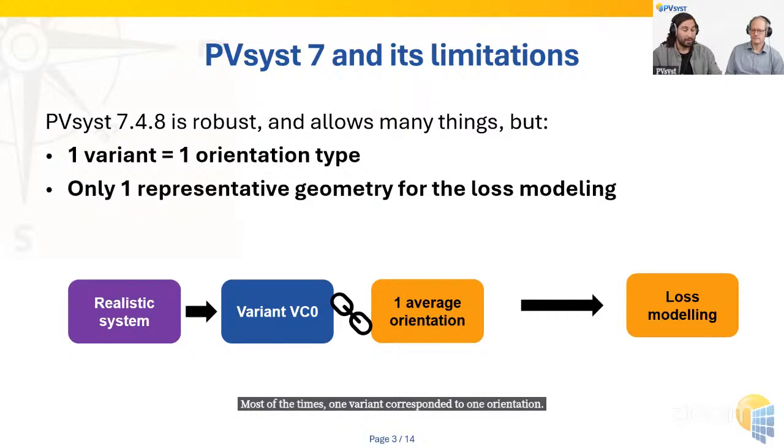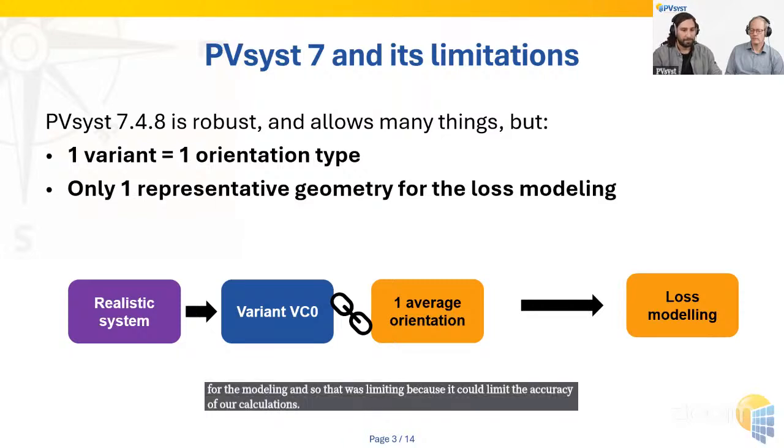This had 2 problems. First, for very complex systems, for example if you had fixed sheds and trackers together, it was not possible to model that in PVsystCLI 7. The second problem was that in most cases, since we had only one type of orientation, we also had only one representative geometry for the modeling. That was limiting because it could limit the accuracy of our calculations.